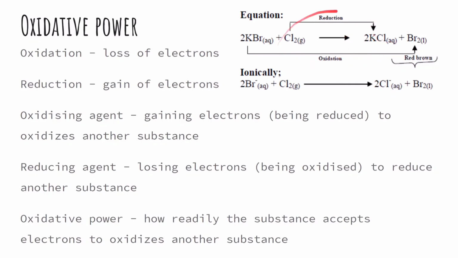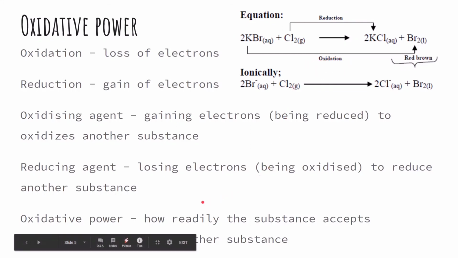And this is a redox reaction because both reduction and oxidation are occurring. So redox reactions aren't about how reactive the compounds or the elements are, it's about their oxidative power and how readily they take away and accept electrons.